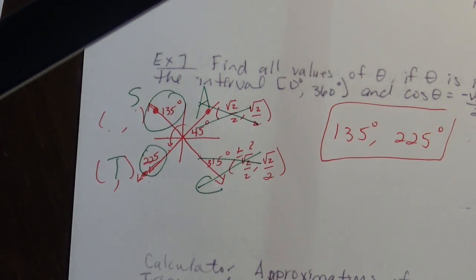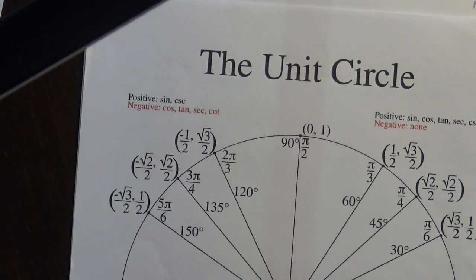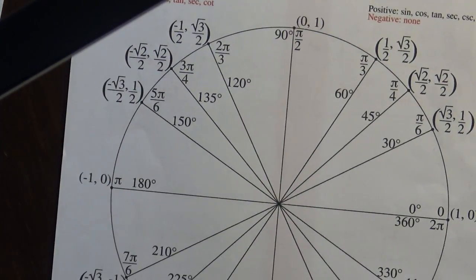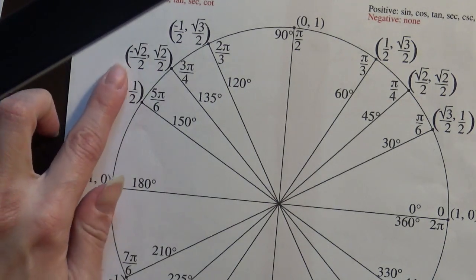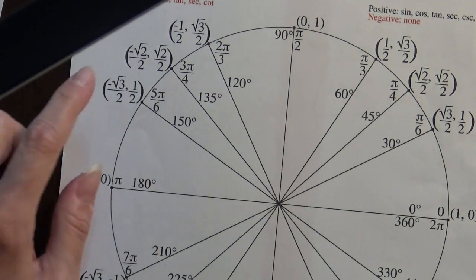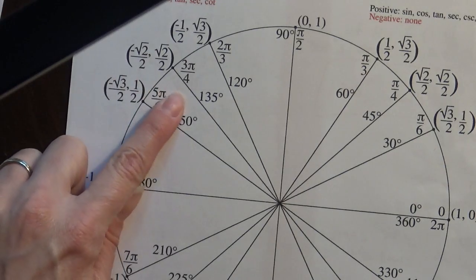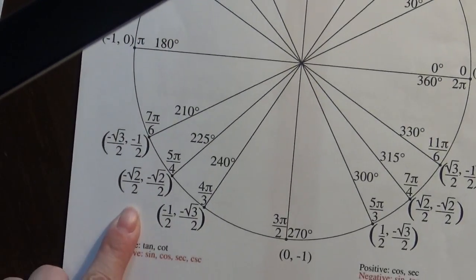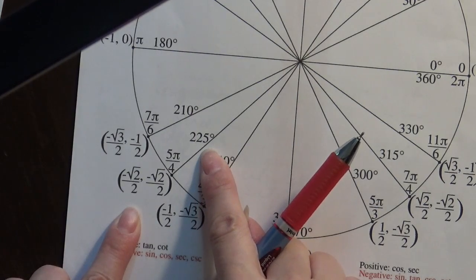Now, if you're not grasping everything that I've shown you here, you've got your unit circle to look at. All you've got to do is find the angles that have x-coordinates or cosine values of negative square root 2 over 2. You can see it happens at 135 degrees, and it happens at 225 degrees.